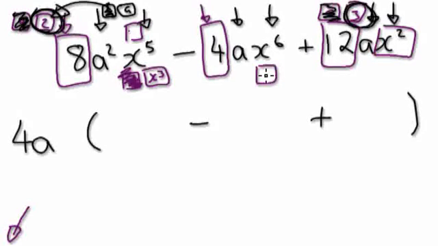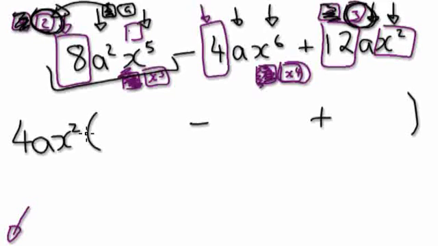Visualize this x to the power 6 as x squared times x to the power 4. Later on we're going to remove the x squared, leaving us x to the power 4. So looking at the three terms, the highest common factor will be x squared. So this bit here is our highest common factor.